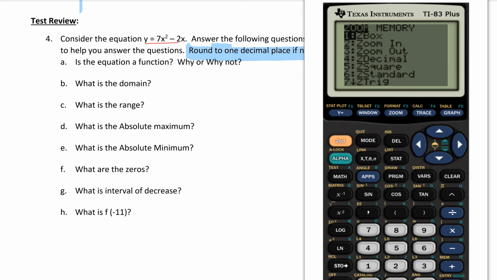Zoom 6. It sets your graphing calculator back to the standard view. Okay, so zoom 6 resets your calculator. So we take a look at it, we notice that it's a quadratic. Well, if we know anything about quadratics, we know that if we were to do a line test, what's it called, a vertical line test, that we know that it is a function.